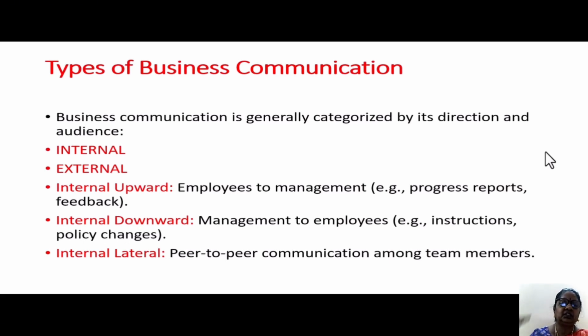In case the management wants to implement any policy or strategy, that is always from the management downward. It is internal downward. Then internal lateral means peer-to-peer communication among the people.